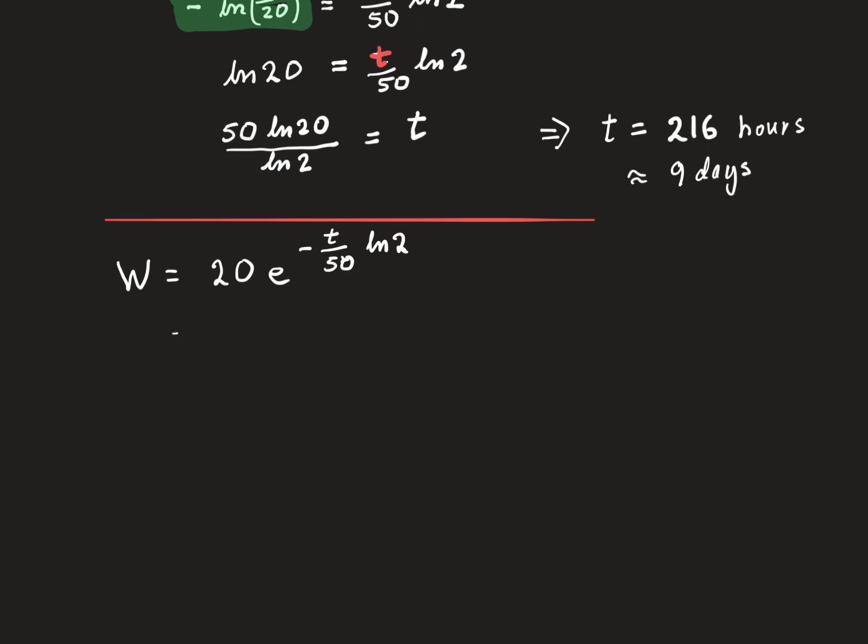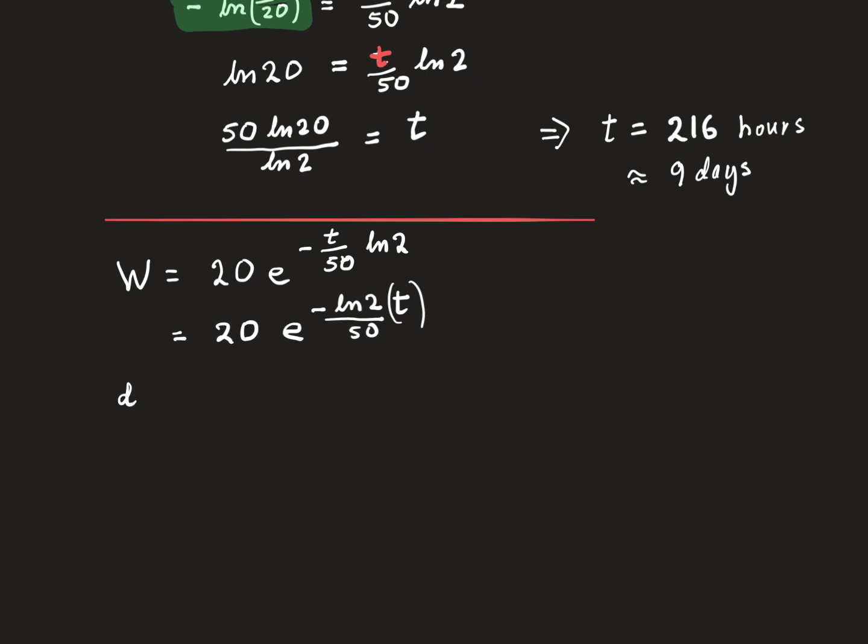So I'm going to just rearrange it slightly so that it's easier to see, and I will prefer to put ln2 over 50 here and multiply that by t, because it's easier to use the chain rule now here.